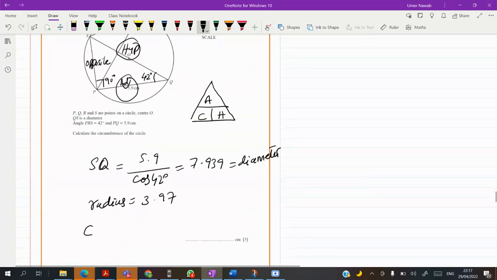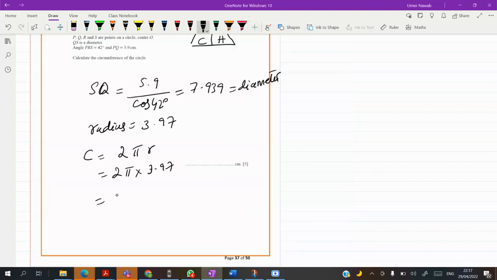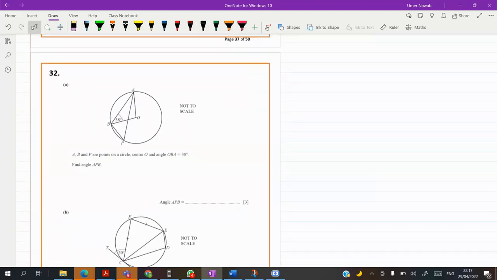Now circumference is just 2 pi r, 2 pi times 3.97. It gives you 24.9. Next, APQ, isosceles triangle. This is 38. I can find the central angle.